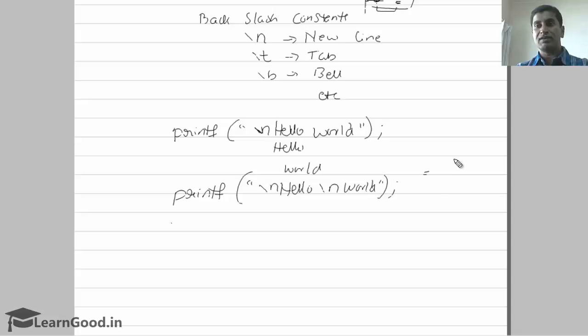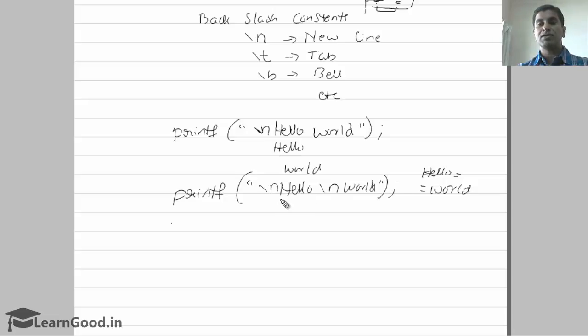What this does is, wherever the cursor is present, it will be brought to the new line, at the first position, and there it will display hello. Then because of the \n, the cursor will come to the next line, and there it will display the second word, that is world. So this is how you can use backslash constants with the message.